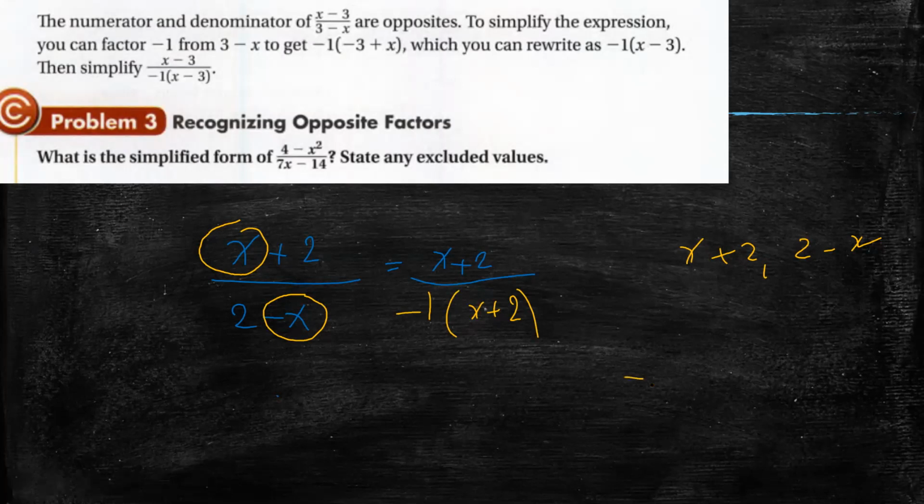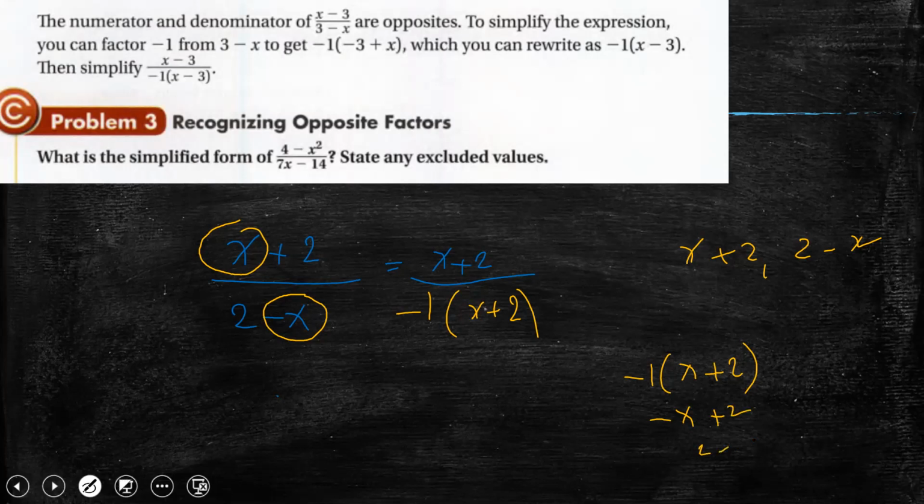Why? Because negative 1 times x plus 2 is like negative x plus 2, or 2 minus x if you arrange them. So if you look at the two variables, they have different signs, so I will say that they are opposite factors.